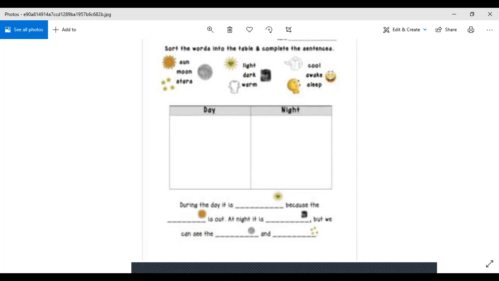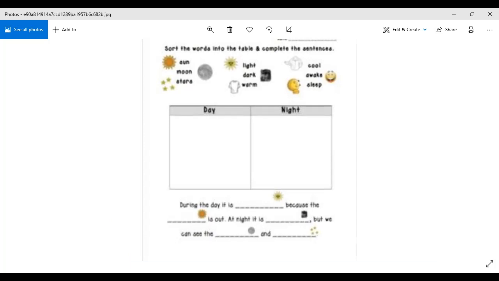Sun belongs to day or night? Day. Light belongs to day or night? Daytime. Cool belongs to day or night? Nighttime. Moon belongs to day or night? Night. Very good. Okay. Then dark belongs to day or night? Nighttime. Okay.